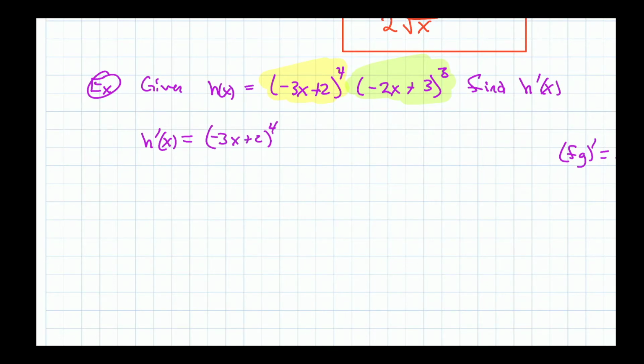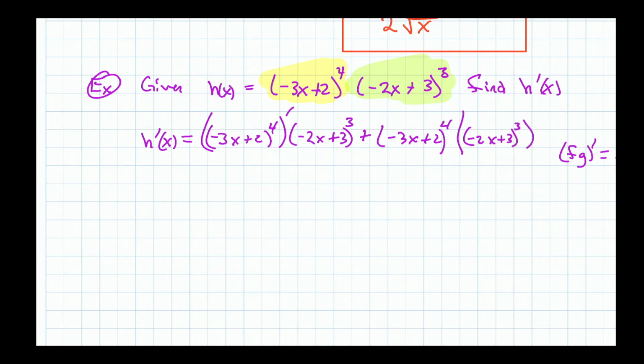F prime g plus f g prime. Right? And I have 2 derivatives left to take now. So that was product rule.